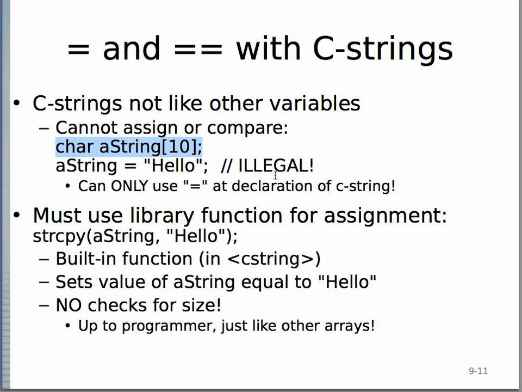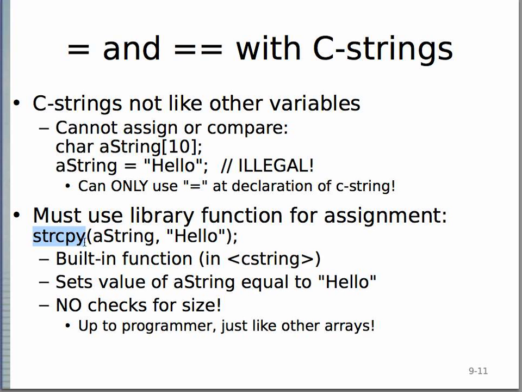You cannot do that. You can only use the assignment operator when you declare a C-style string. Other times you have to use a library function. So the standard one that you can use is strcpy.